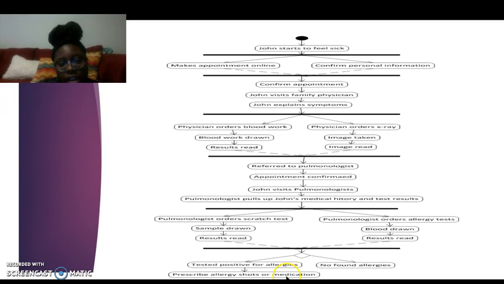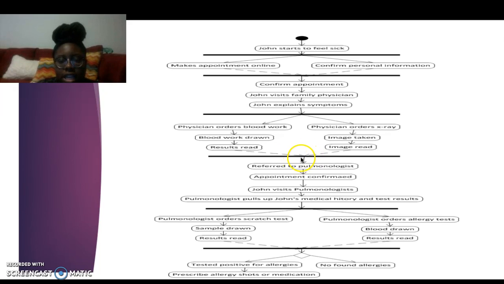shots or allergy medication. I had more issues with this diagram than the other two simply because of the structure of it. I wasn't sure where a decision should go. So initially I had a decision here and a decision here, before the family physician referred John to the pulmonologist, because the decision was going to be to refer him to the pulmonologist, but that decision didn't require a true or false.